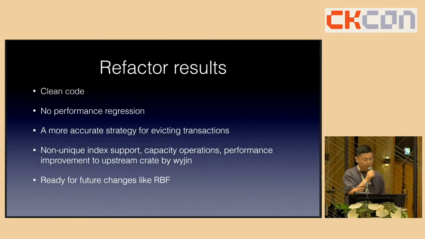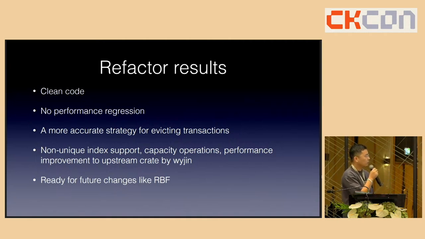So we finished the refactoring and we got clean code. There's no performance regression, and we implemented a more accurate strategy for evicting transactions. At the same time, we also contributed some of our improvements over the transaction pool to the upstream.